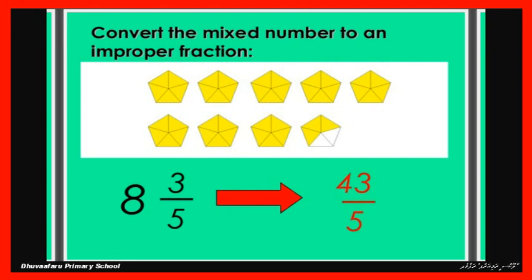Another example, 8 3 by 5 changed to an improper fraction gives 43 by 5, which is 8 times 5 is 40. 40 plus 3 is 43 and we have to write 5 in the denominator. So 8 3 by 5 gives 43 by 5 as an improper fraction.